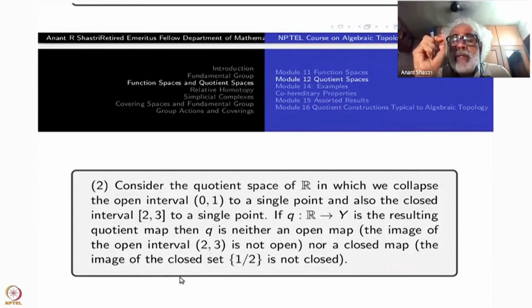That point is not an open set. Why? Because its inverse image is the closed interval [2, 3], which is not open inside R. Okay. So therefore, Q of the open interval (2, 3) is not open. That means Q is not an open mapping.